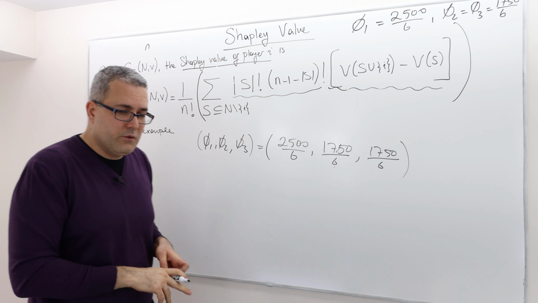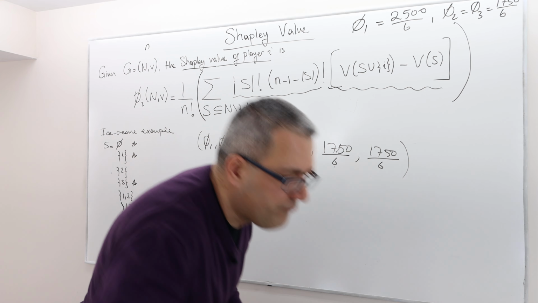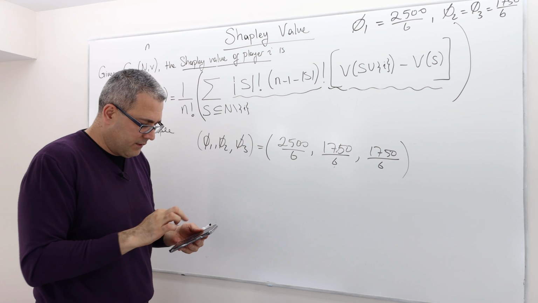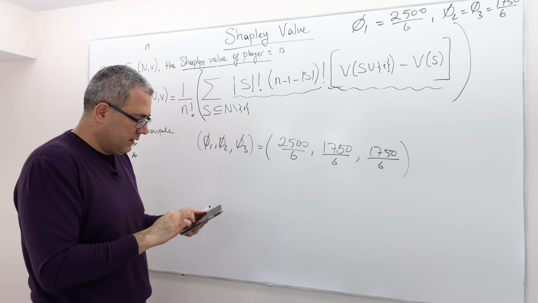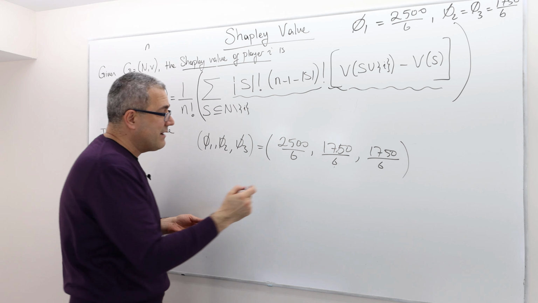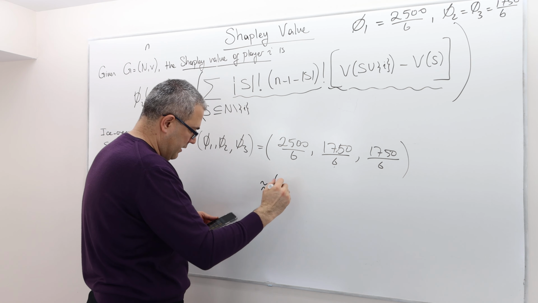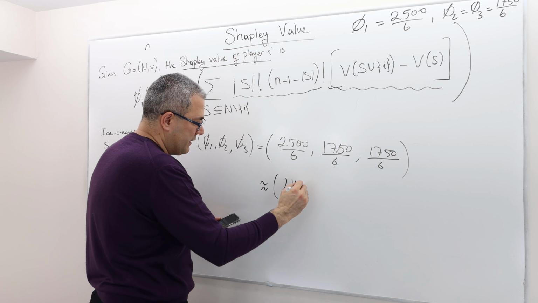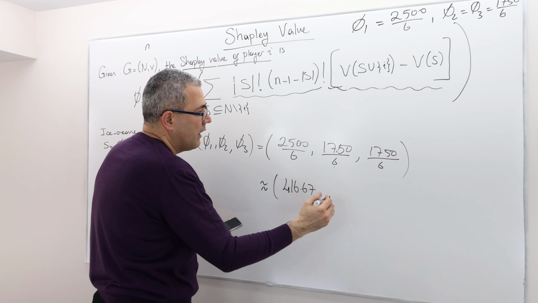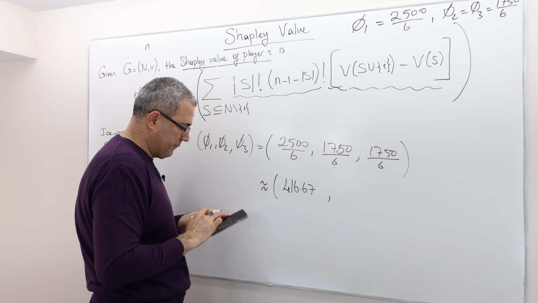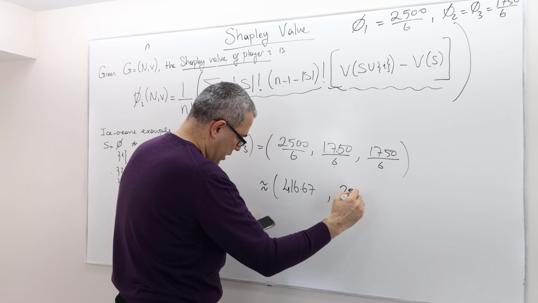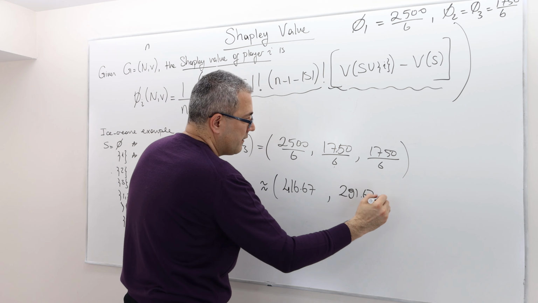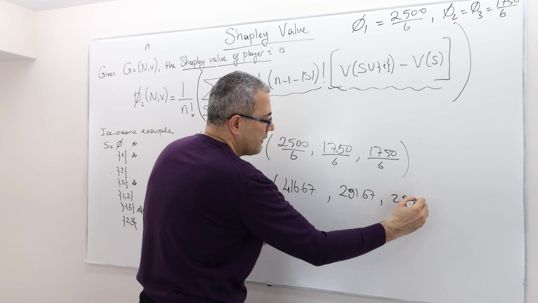If you divide those numbers, I'm not a calculator, so 2500 divided by 6 is approximately 416.67, and this is 291.67, again 291.67.